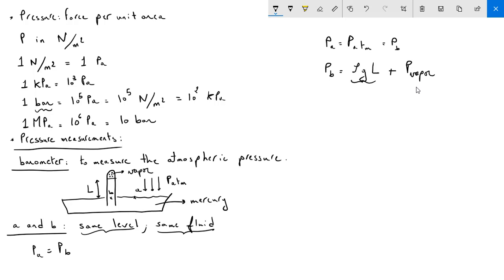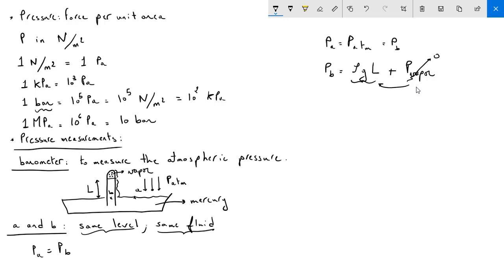So all the column of fluid above B is the mercury liquid plus the vapor part. Since the weight of the vapor is negligible, we can neglect this term. P vapor is almost zero when compared to the liquid mercury.